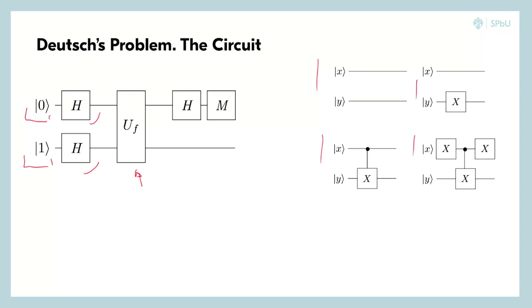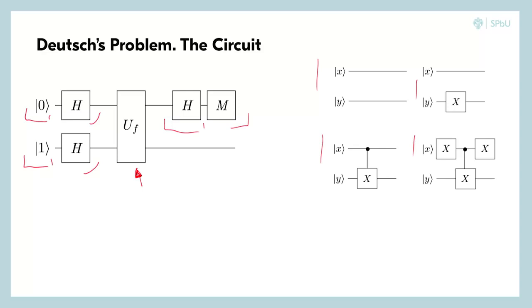So in the quantum case, before we query the oracle, we make some clever preparations, and we query the oracle only once. And after that, we again apply Hadamard to the input register, and then we measure the input register, not the output.